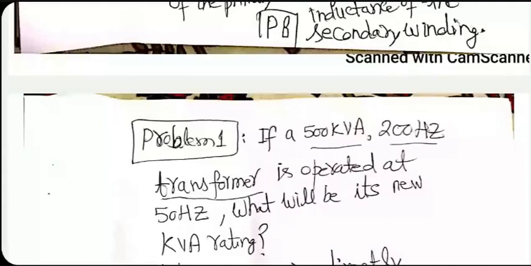That much info is always there on the nameplate of the transformer. Power factor is never specified because it is going to depend on the load that you would apply to the secondary. Now this problem is not talking about primary and secondary voltages. It is only interested in the kVA rating and the frequency of operation.